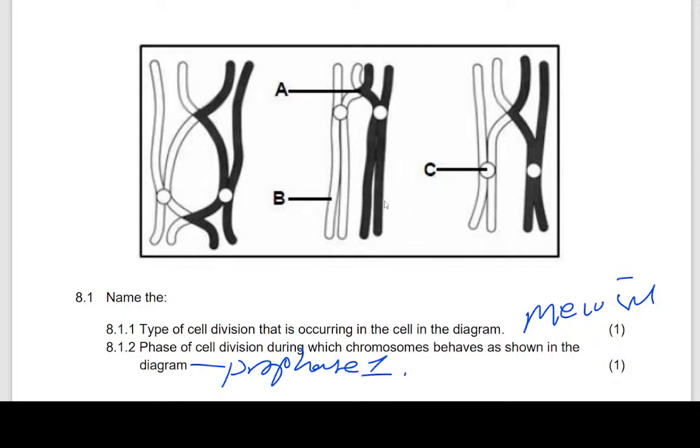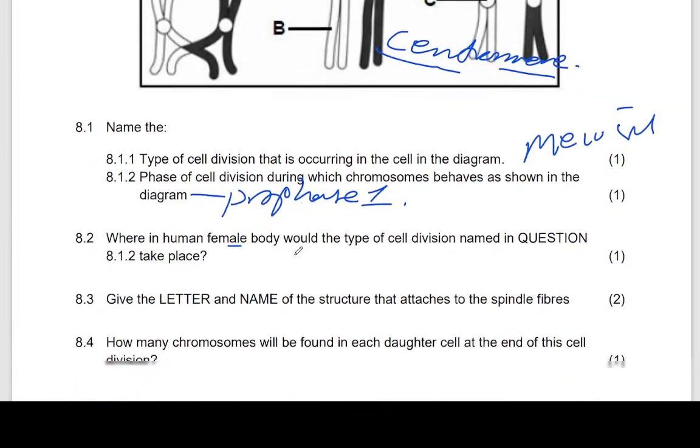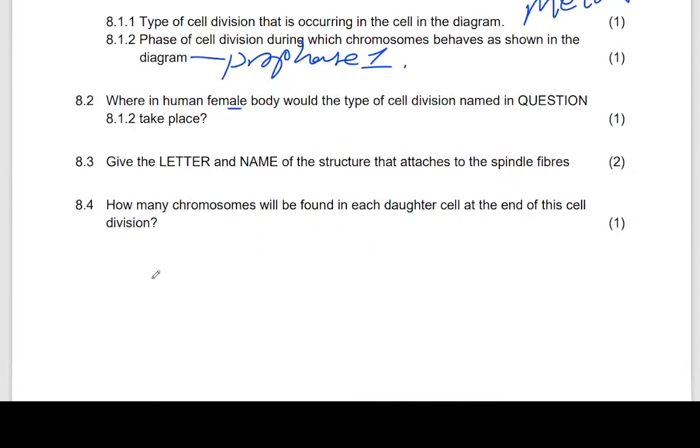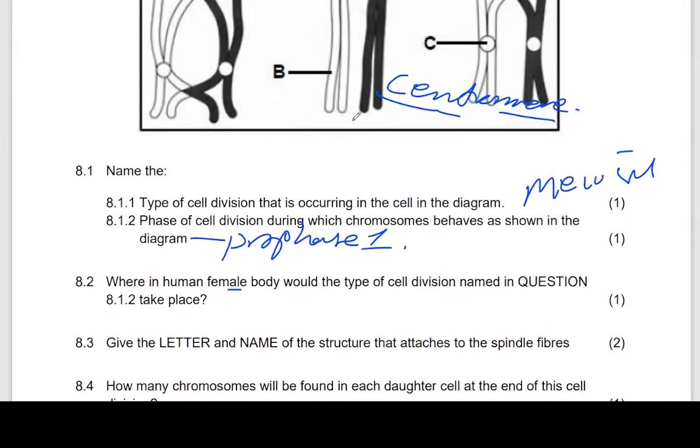Centromic, centro. They have the way how they see centromere, centromere body, the central body. That's what it means. We are saying which letter is it? The answer is C. And then the name is centromere.